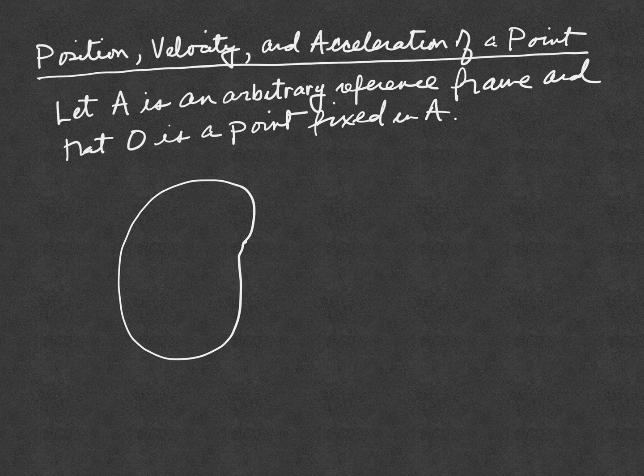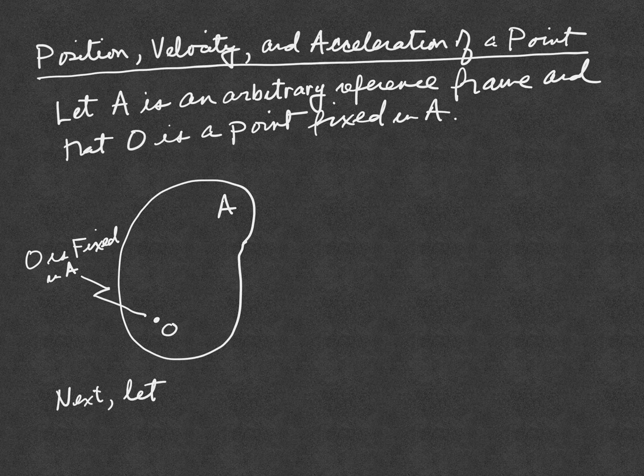We have a frame A, and we have a point O, and O is fixed in A. And next, let P be an arbitrary point. So P is some other point. P is out here.